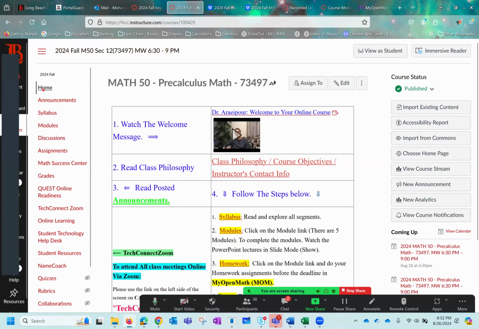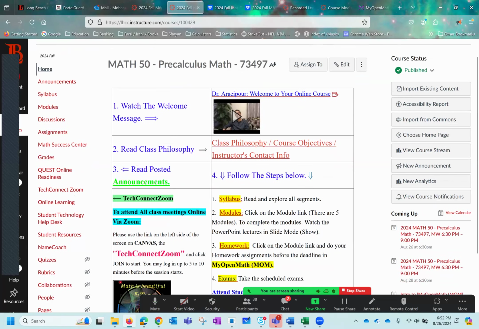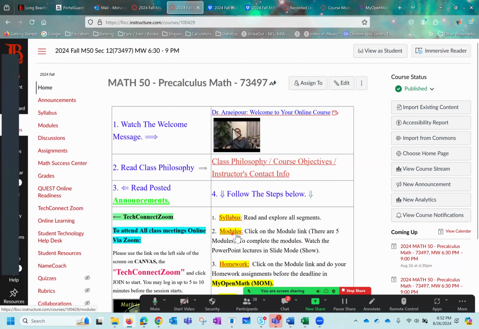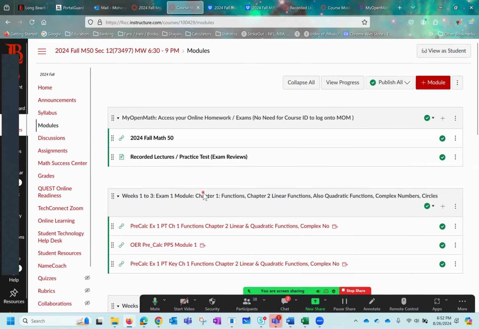Going back to the home page of Canvas, we covered everything. And now I want to go to modules. To go to modules, you can click on the modules right here or on the left navigation bar. Either way makes no difference. So first I want to tell you what you find there. At the very top, you find My Open Math, which I'm going to look at at the very end.